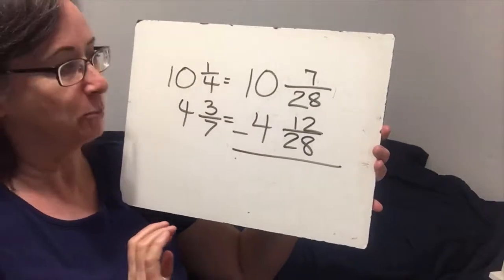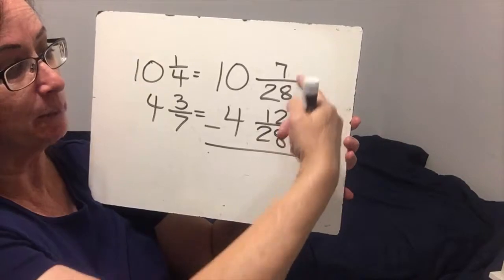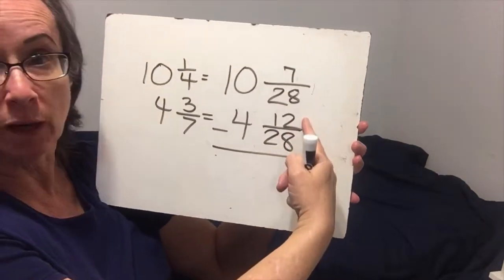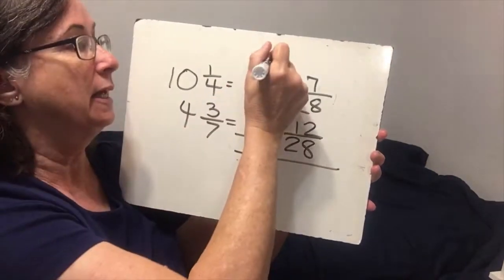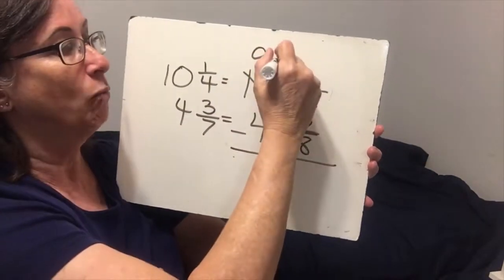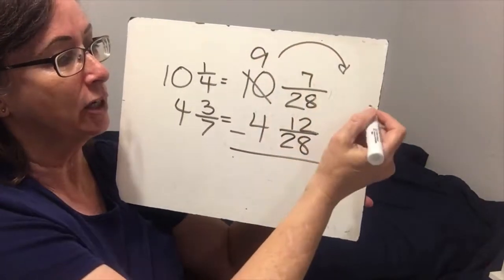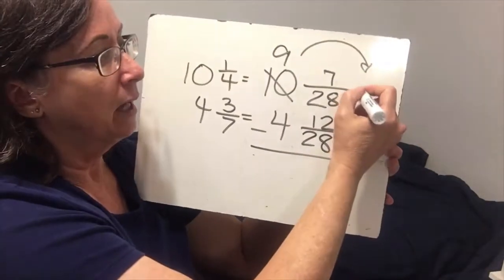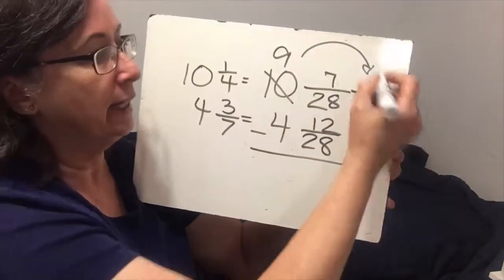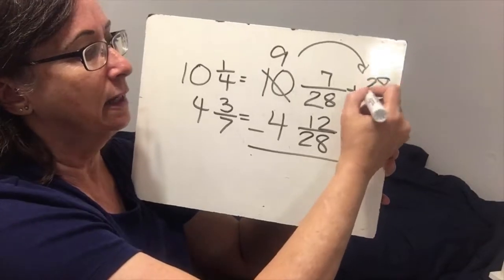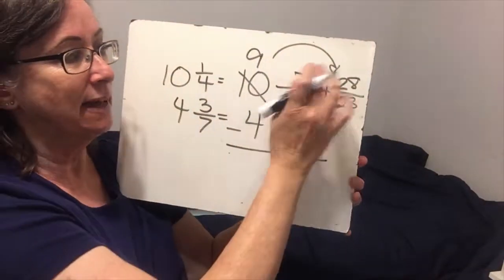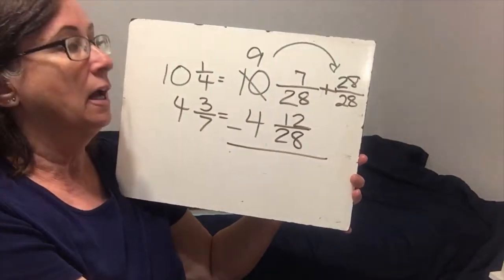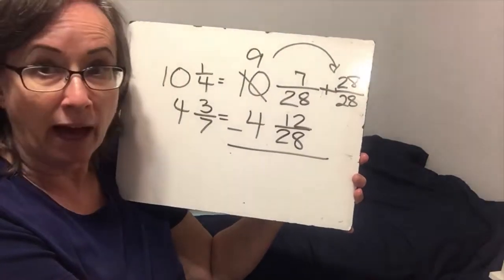Now we've got a cleaner board. So as we were saying, 7 minus 12 doesn't work. We're going to have to come over here, take away 1, make this a 9. The 1 is going to travel over here, but it's going to become a plus 1 in the form of 28 over 28. So now when I add the 7 and the 28 together, I have 35.